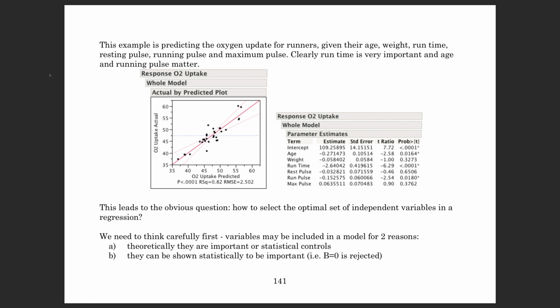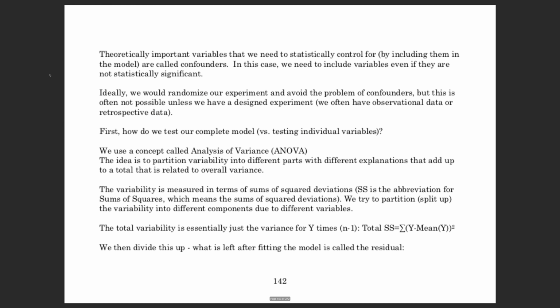So age and weight, for example, we may want to remove the effect of age and weight so we can understand how runtime and the pulse rate affect the oxygen uptake after removing age and weight effects. And then the second reason that we would include variables in a model is because they're statistically important. In other words, when we test capital B as 0, we have rejected that hypothesis.